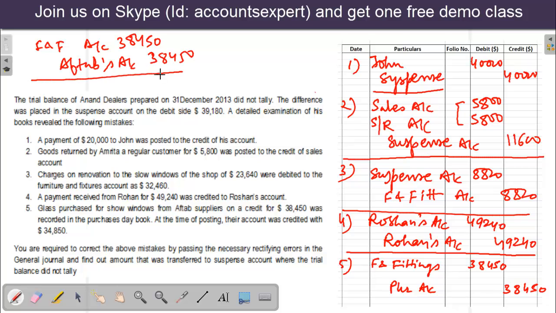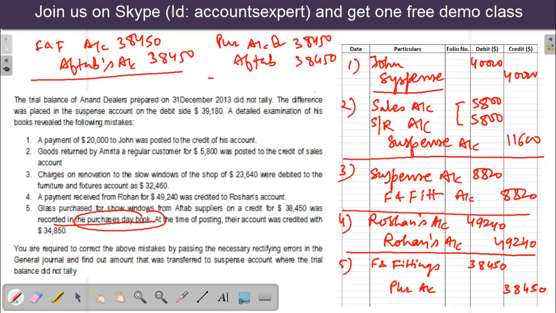But as we recorded this transaction in the purchase day book, we passed this entry: purchase account debit 38,450, and Aftab's account credited with 38,450.